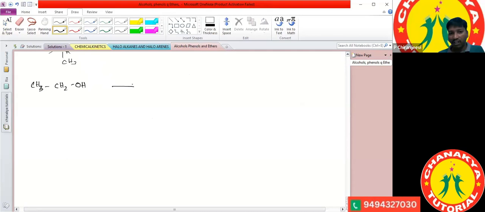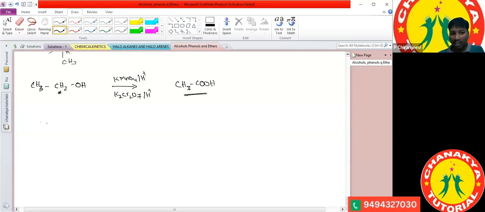If it is treated with a strong oxidizing agent, that means KMnO4 in the presence of H+, or K2Cr2O7 in the presence of H+, they act as strong oxidizing agents. They convert the primary alcohol group into a carboxylic acid group. That means CH3-COOH, so this is converted into the carboxylic acid.